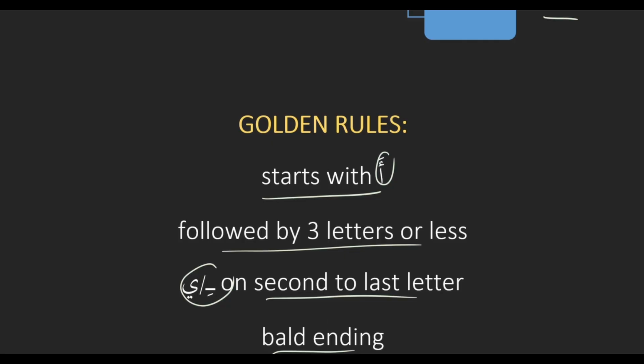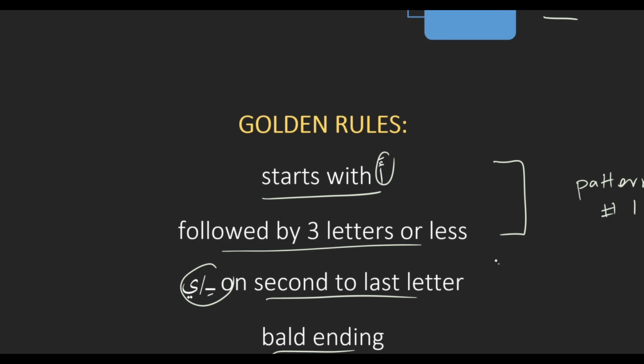So this pattern is kind of like a hybrid of the first two. I noticed some of these rules look similar. The first two rules kind of look like the rules from pattern number 1, except with pattern number 1 we never had a hamza, it was just the alif, not a hamza. But the alif was followed by 3 letters or less.